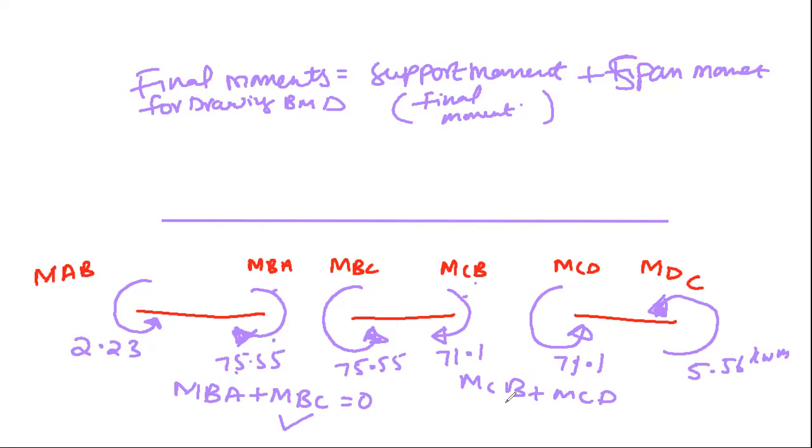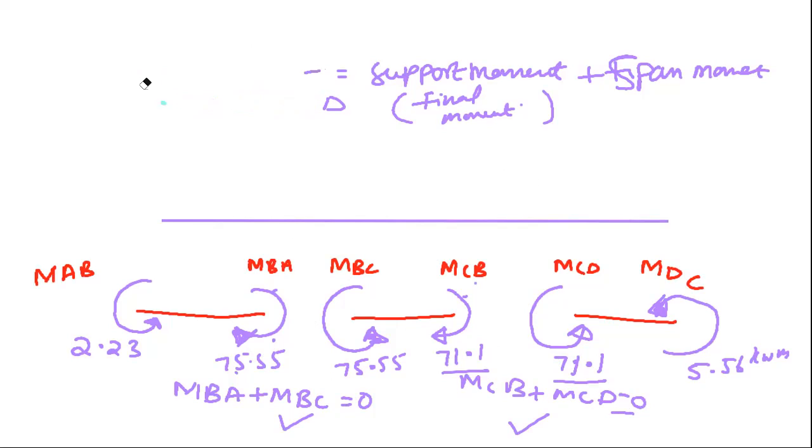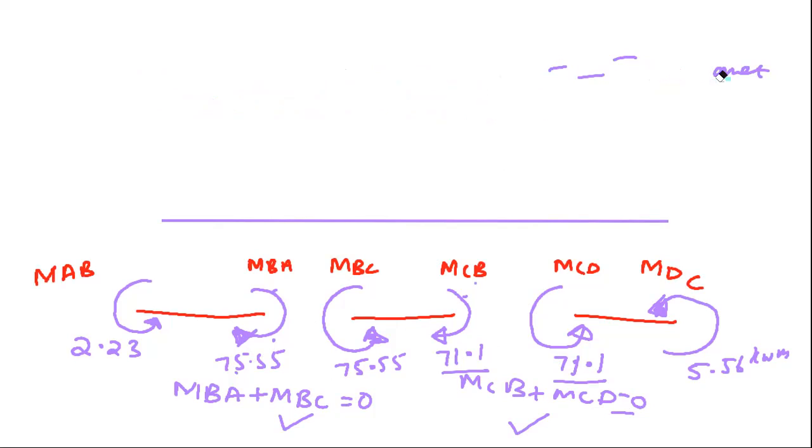So plus 71.1 and minus 71.1 is again 0. Again your structure is stable. Now, only for a stable structure can we plot the bending moment diagram. So let me erase all these things, and with the help of that diagram I am going to plot the bending moment diagram.